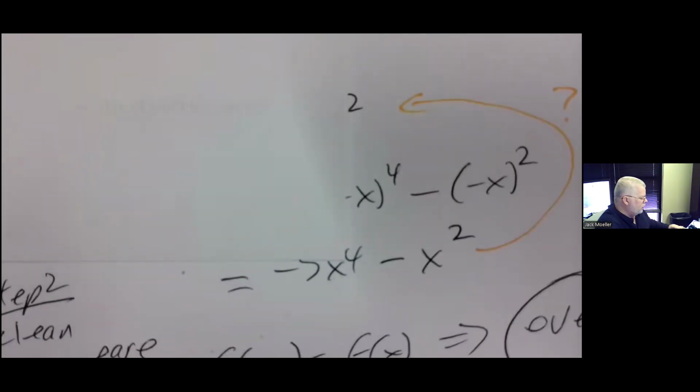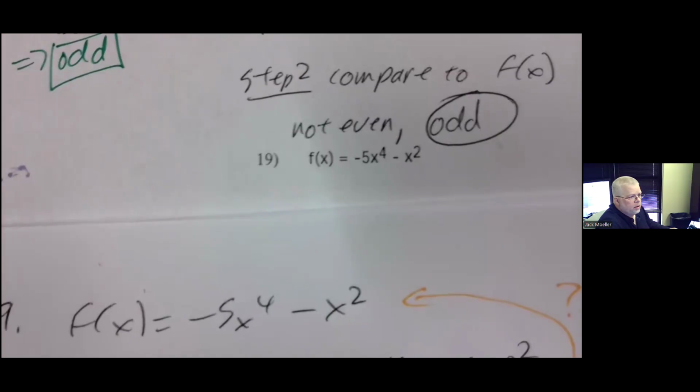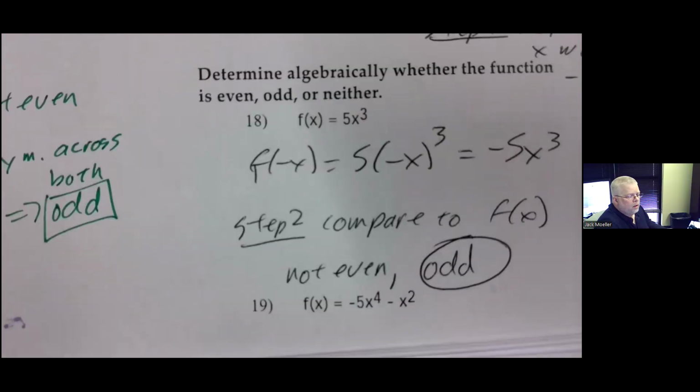Now, do you see a shortcut that we might be able to take? Like why is 18 odd where 19 is even? Well, if you're looking at the exponents, in 18 you have an odd exponent and the function was odd. In 19, you had two even exponents and it ended up even.